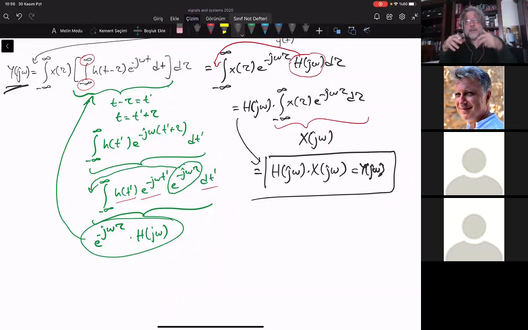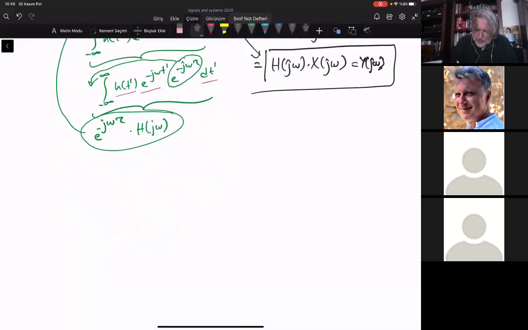But mathematically speaking, if you have two signals, x of t and y of t, and you are convolving x of t and y of t in the time domain, the Fourier transforms of those can be multiplied, whether it is a system with frequency response in the notation of H or not. What I'm saying is, x of t convolved with y of t has Fourier transform capital X of j omega times Y of j omega.